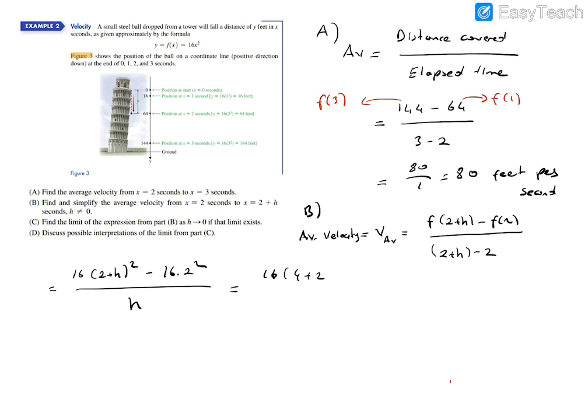So this is 4 plus 4h plus h squared minus 16 times 4 over h. And easily you can observe these terms cancel with the 16 factor. Then that equals 64 plus after cancelling, 64h plus 16h squared over h. Then this is 64 plus 16h. Here h is different than 0.